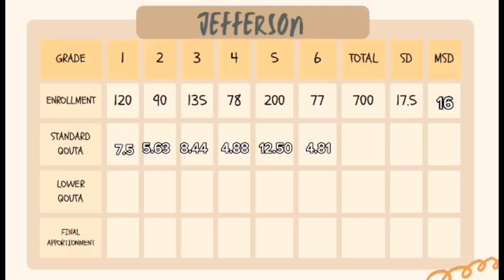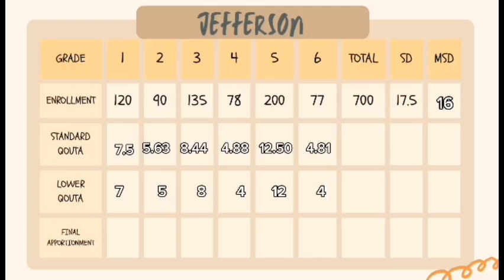Then, kukunin na natin yung lower quota. Di ba sabi kanina is pag yung lower quota yung hinahanap natin is magra-round down tayo. So, itong standard quota na 7.5 is magiging 7, 5.63 is magiging 5, 8.44 is magiging 8, 4.88 is magiging 4, 12.50 is magiging 12, then 4.81 is magiging 4.